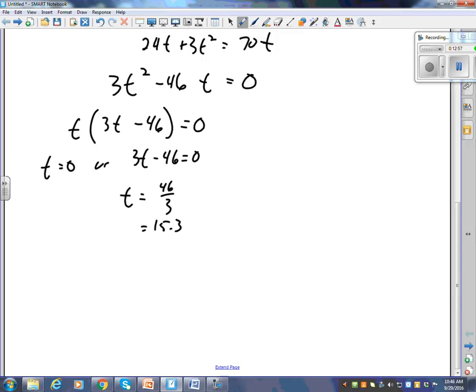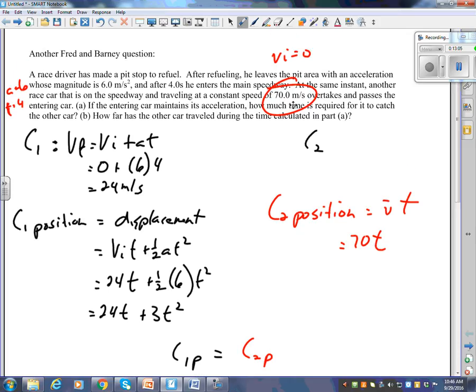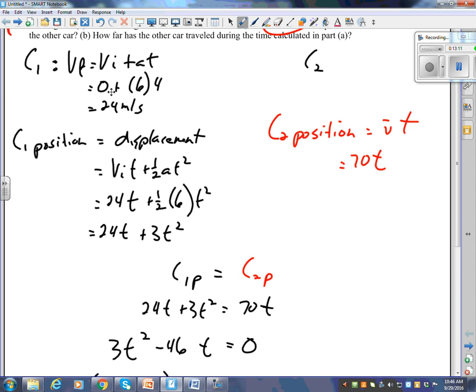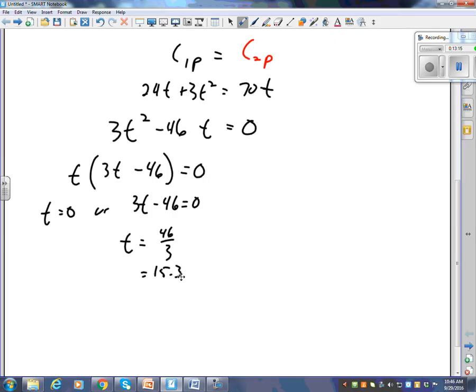Is that a reasonable amount of time given what we know here? The one car is going 70, not kilometers an hour, meters per second. The other one is accelerating at 6 meters per second squared. It's already going 24 meters per second. After 15 seconds, what's 15 times that 6?